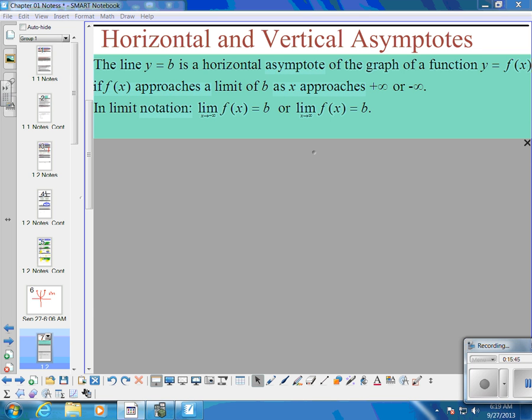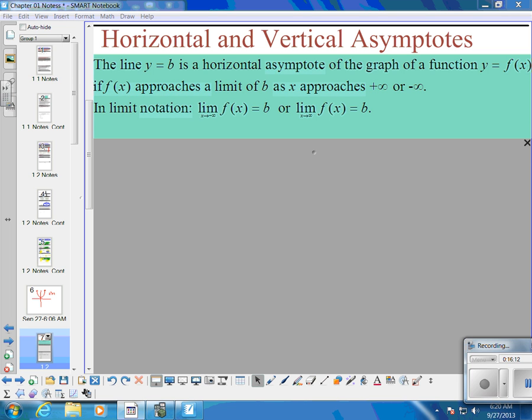So what that's saying is, if you take a look at your graph, and as you go as far as you can to the right, and/or as far as you can to the left, the graph approaches some number value but never crosses it, or never quite reaches it, then there's a horizontal asymptote there.